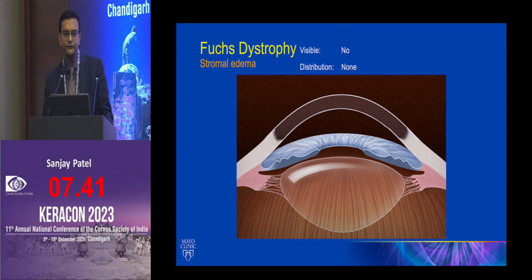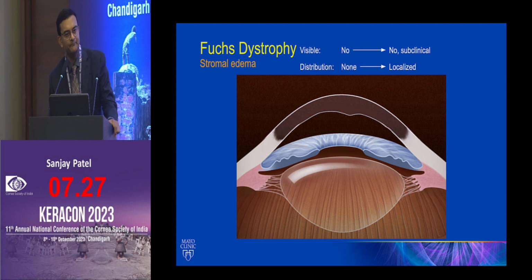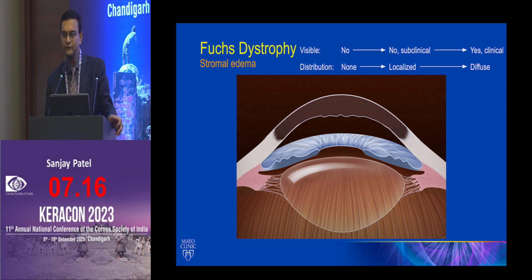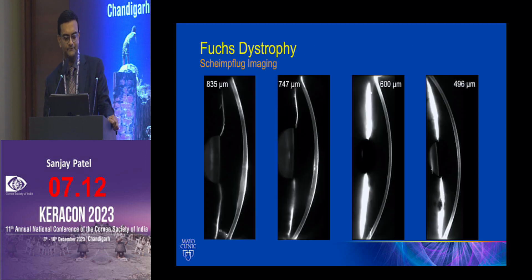But in Fuchs dystrophy, when you begin to get edema, it's a focal, localized edema where it's the back surface of the cornea that starts to bulge towards the anterior chamber, and that can become more prominent, but at the slit lamp, you will not see it. Okay, it can be subclinical, yet it's there. And eventually, as the barrier and the pump break down, you'll get more diffuse edema in Fuchs dystrophy. This becomes more clinically visible, clinically manifest.